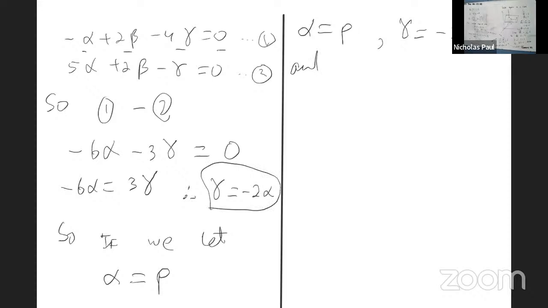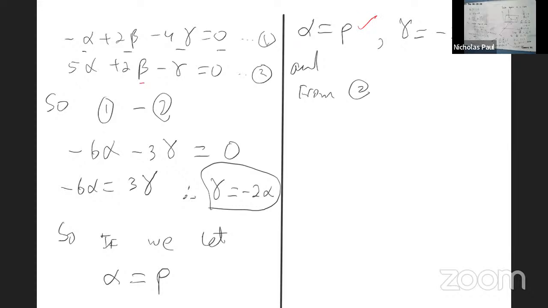And let's try to find beta. We're almost done. Oh gosh, sorry, I'm supposed to make beta the subject, because we already have alpha and we have gamma.